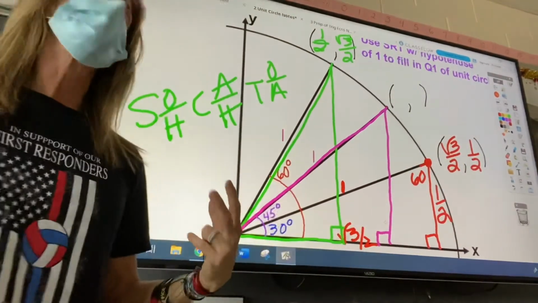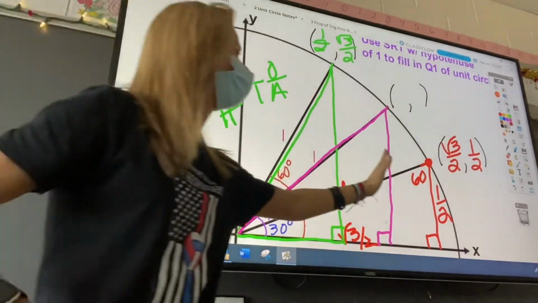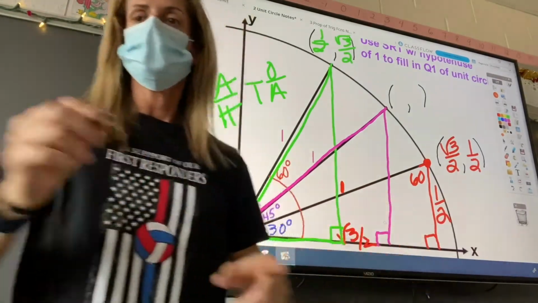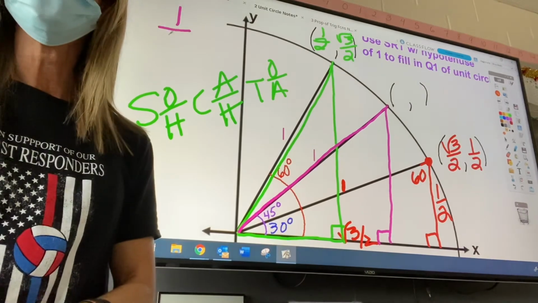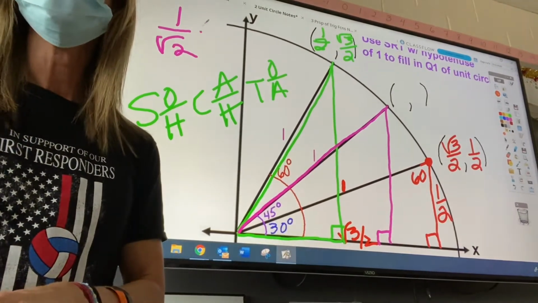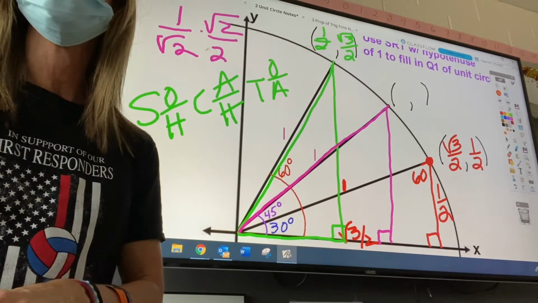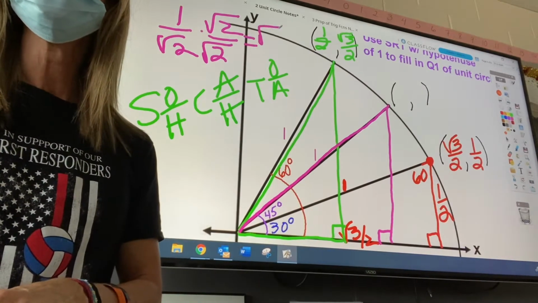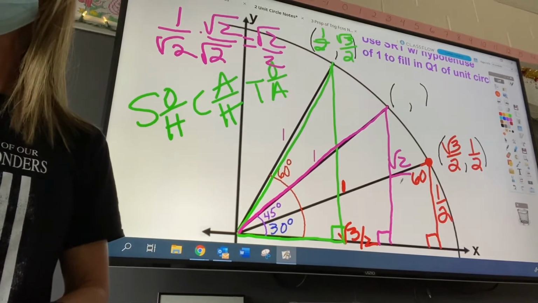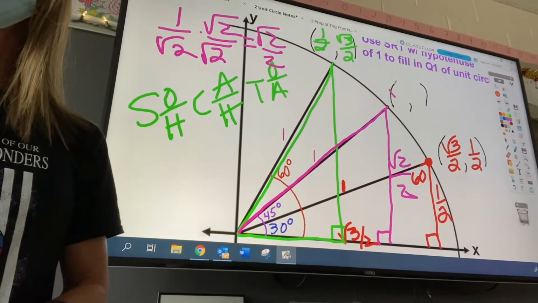And the relationship between the hypotenuse and the legs is we divide by the square root of 2. Now, if we do 1 divided by the square root of 2, we can't just leave it that way. It's not rationalized. So we rationalize the denominator. You don't have to go through all this. But you get root 2 over 2. That's where those numbers come from. So the long leg and the short leg, they're both root 2 over 2.